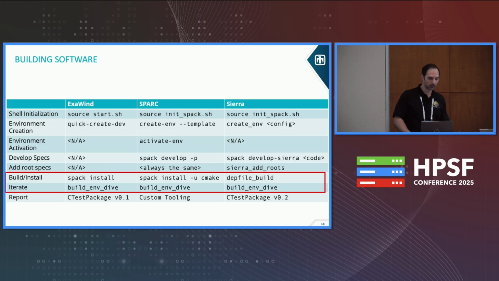All right, so one final thing on this process, and then we'll move into some general stuff again. Building software: it's worth noting that for iterate, everything is the same. We'll talk about that. For build and install, Exowind and Spark are basically the same, and Sierra is different.